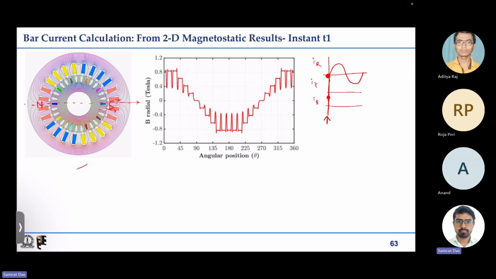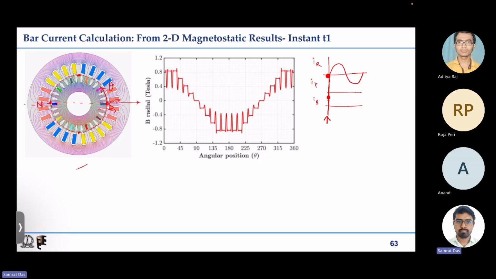At that instant, if we draw a circle in the air gap, and if this is theta equal to 0, then theta equal to 90, 180 and 270, traversing in the anti-clockwise direction, we can get the B distribution, the radial component of B along this air gap circle.